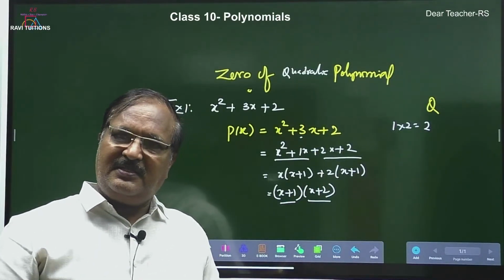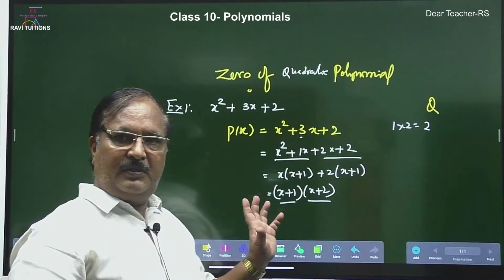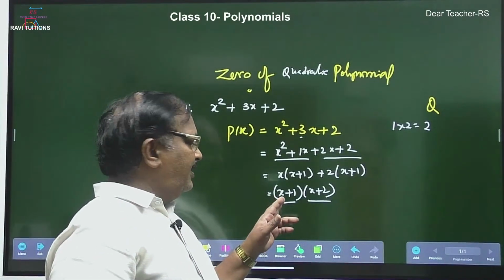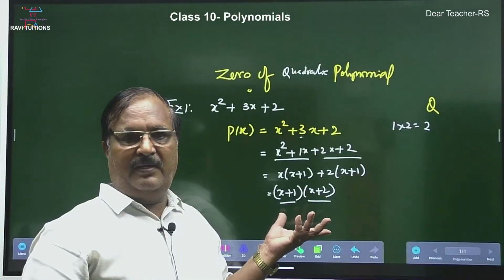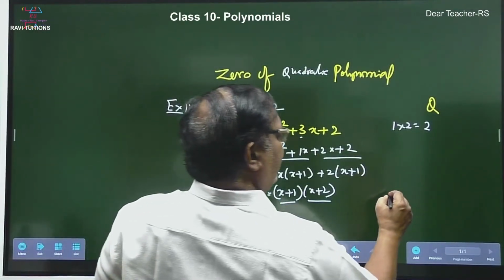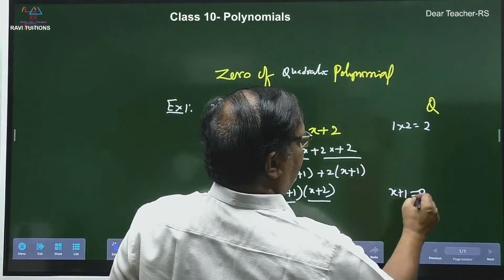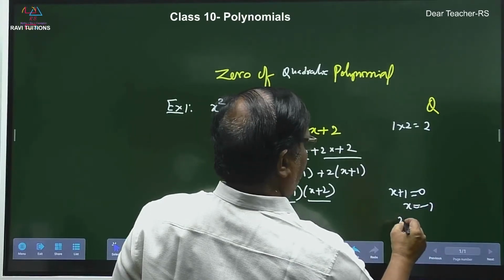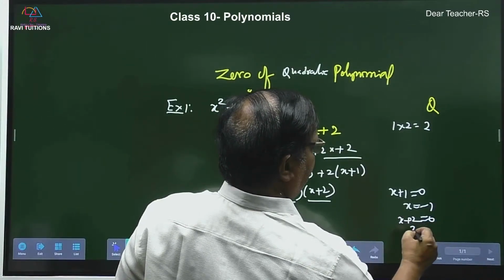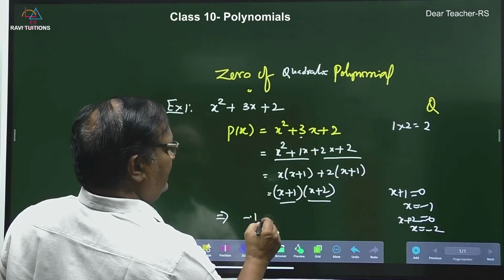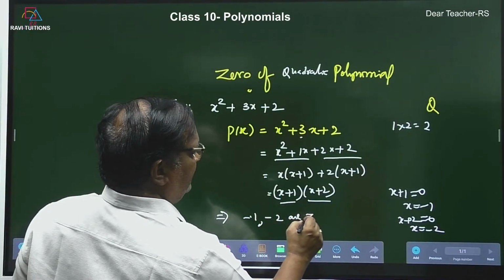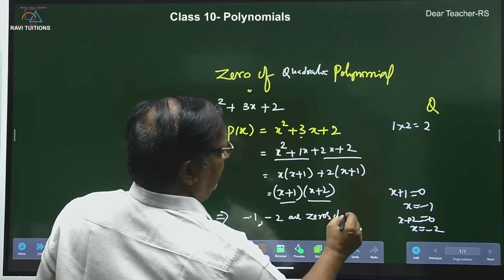They are factors, and each factor is a linear polynomial. So now for x plus 1, the zero is x is equal to minus 1, and for x plus 2, the zero is x is equal to minus 2. So that implies minus 1, minus 2 are zeros of p(x).